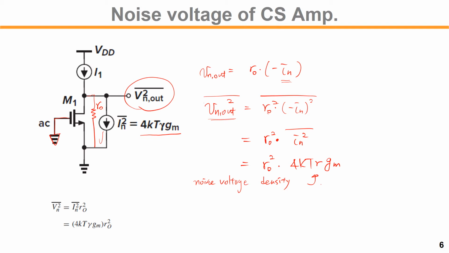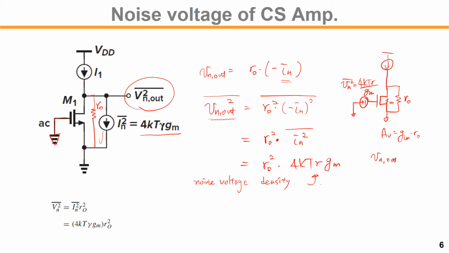As I explained before, this kind of noise current source can also be represented by an equivalent network like this. Its input side is Vn squared, which is 4KT gamma over GM, right? In that case, what is the output noise voltage? It's the same as here. We know the voltage gain AV is GM times RO.